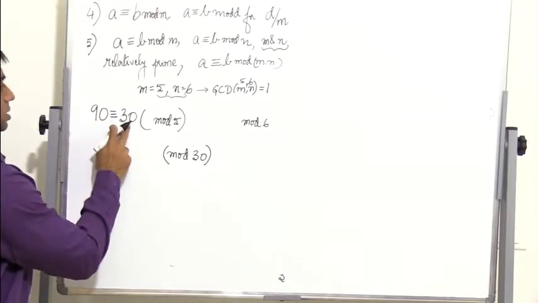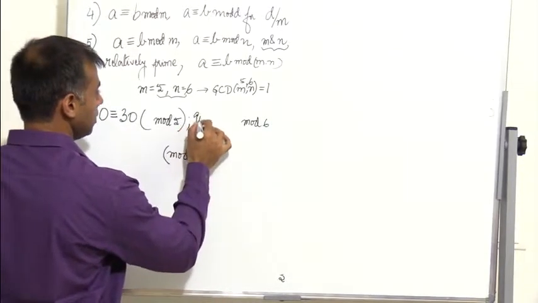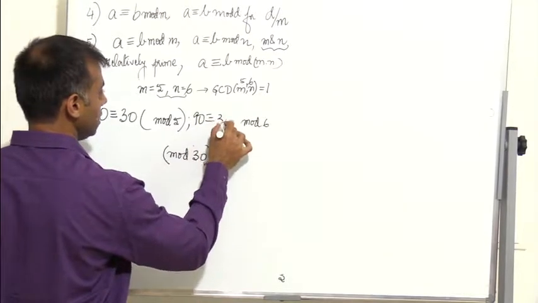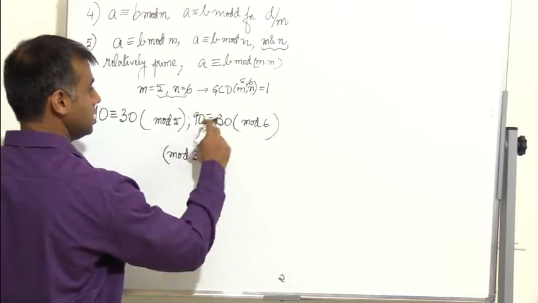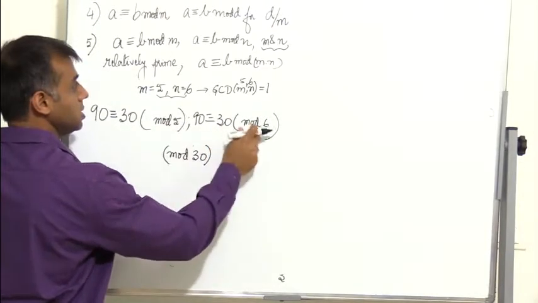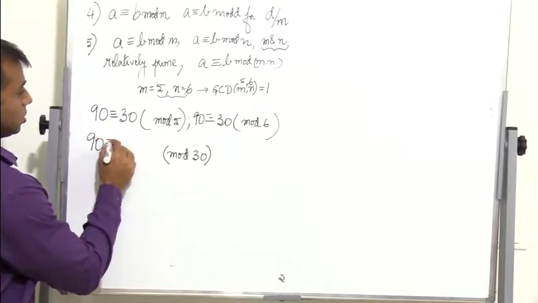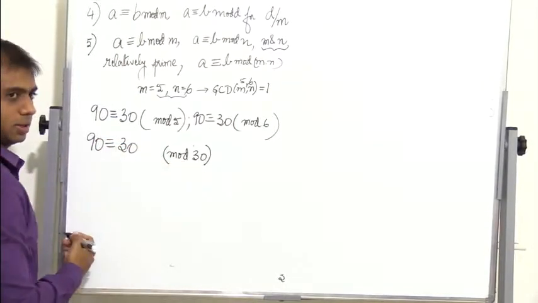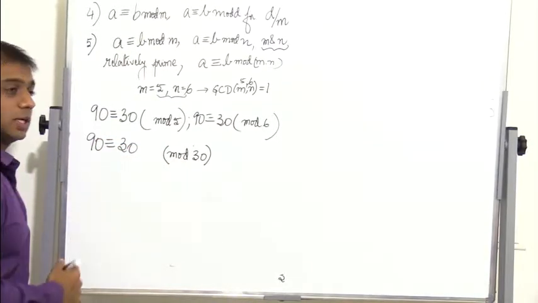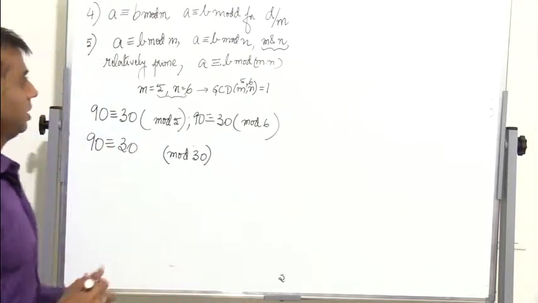Right? 90 minus 30 is 60, which is divisible by 5. I also have 90 which is congruent to 30 mod 6. So 60 is also divisible by 6. Now these two numbers are relatively prime. Then 90 is also congruent to 30 mod 30. So 60 is definitely divisible by 30. So we've taken an example here.